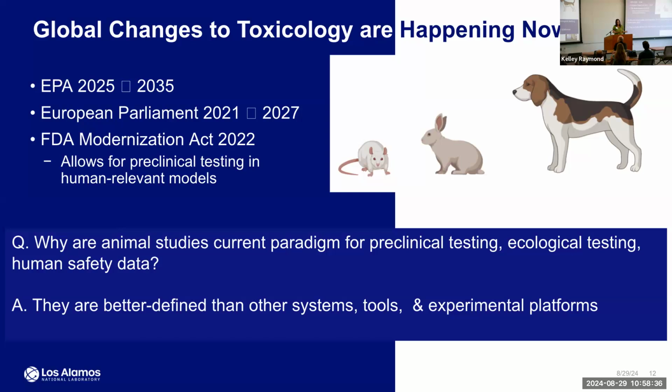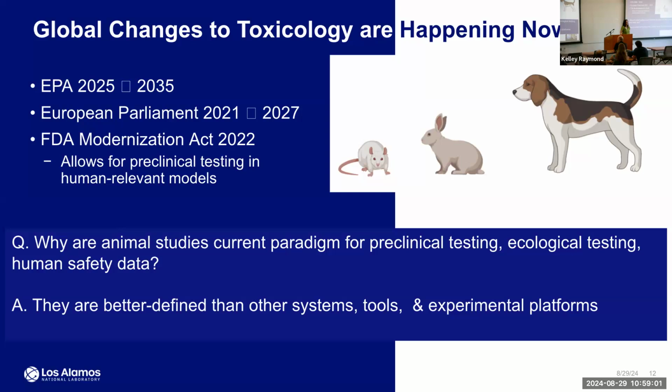We've also recently had the FDA Modernization Act, which is interesting because it allows for preclinical testing in human relevant models, but it does not require that. I have this question of, it's sort of this paradigm of, well, animal studies are used for preclinical testing and human safety data because we understand.